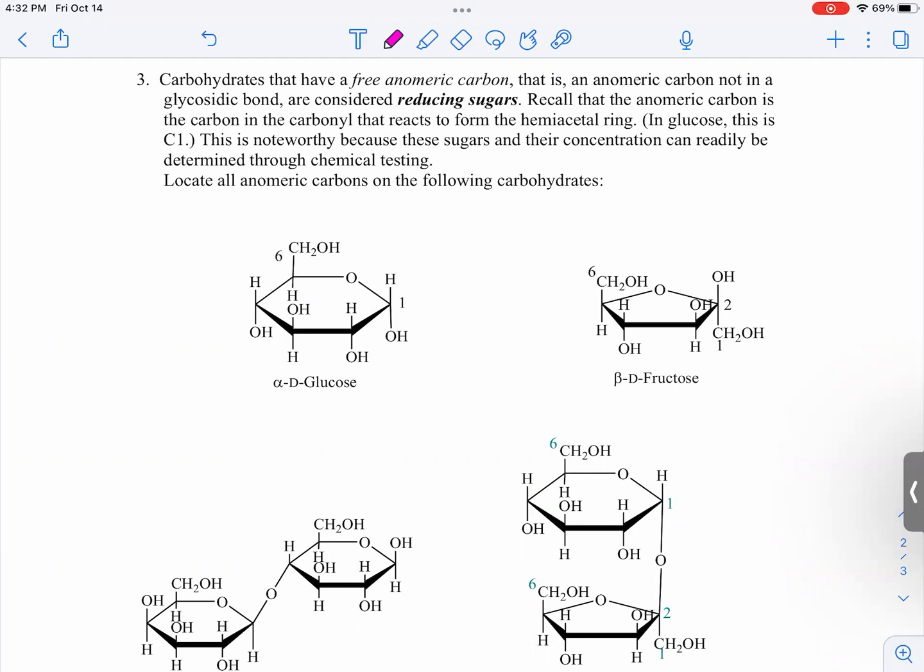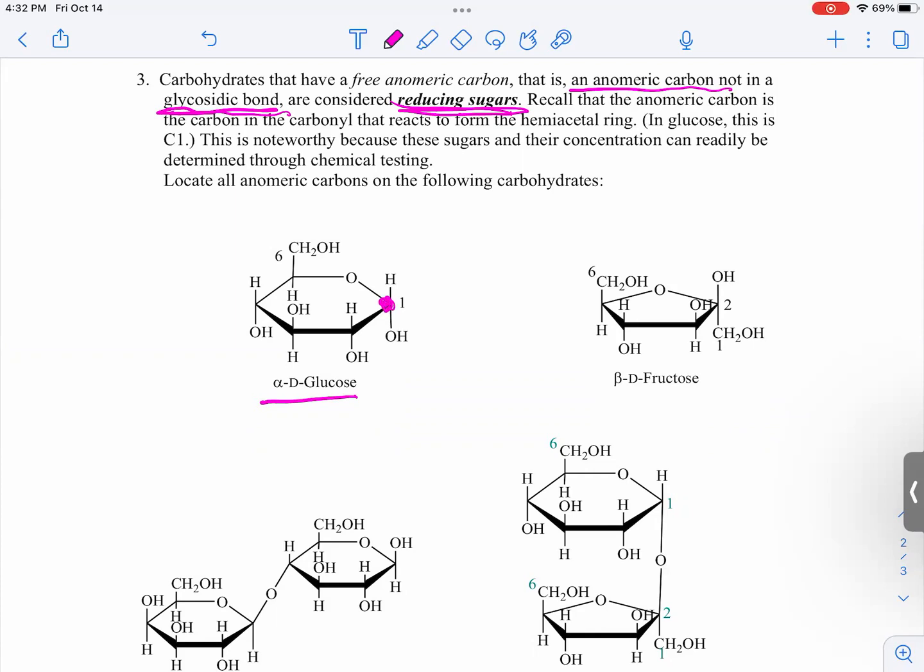We need to locate the anomeric carbons on all of the following carbohydrates, because we want to find out what's a reducing sugar. An anomeric carbon not in a glycosidic bond is going to make a reducing sugar. So in this case, alpha D-glucose, this is our anomeric carbon.